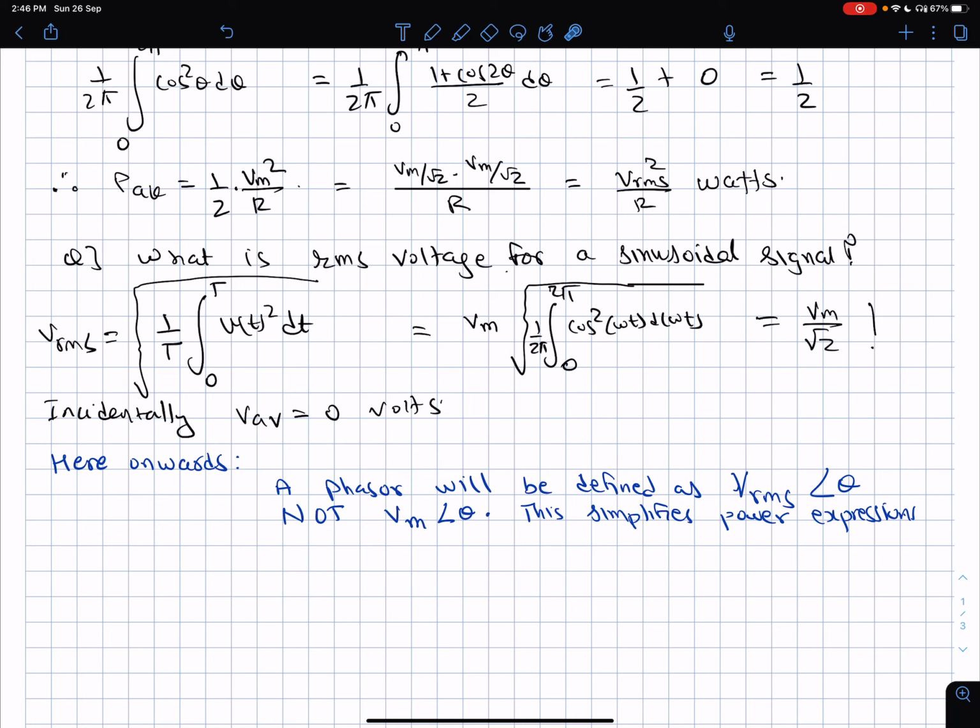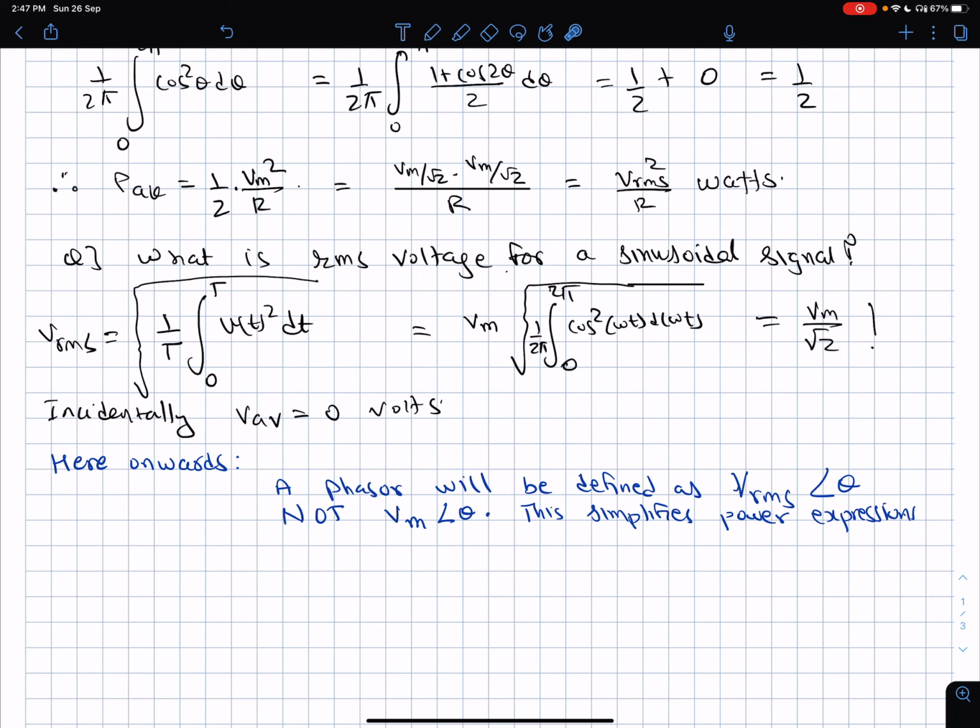And since we discuss all our machines in terms of watts, when you come to power, it is the watts that matter. So all our calculations will keep on involving RMS values. Therefore, in power engineering, the phasor, instead of defining it as the amplitude Vm angle theta, we define it as the RMS value angle theta, in polar coordinates, and once you know it in polar coordinates, you can always convert it into rectangular coordinates.